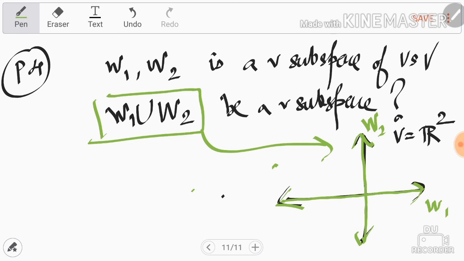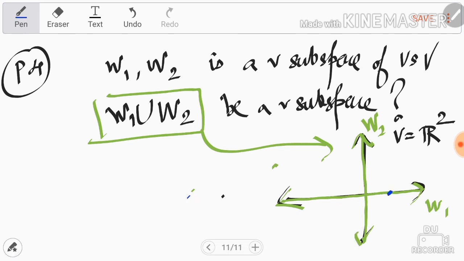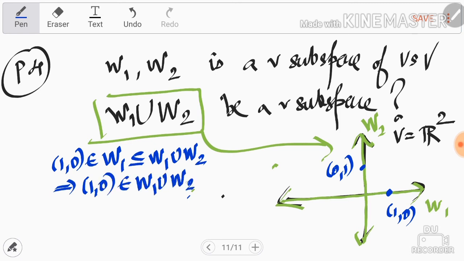Let's take some vector from W1, say this vector 1, 0. Let's take this vector from W2, that is 0, 1. As we see, 1, 0 belongs to W1, and W1 is a subset of W1 union W2, so 1, 0 belongs to this union. Even for that matter, 0, 1 belongs to this union.